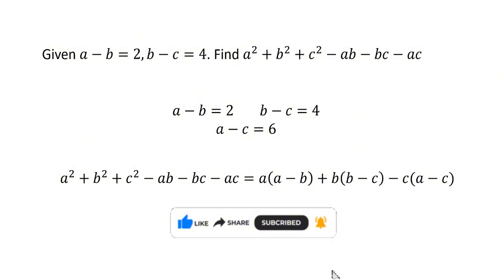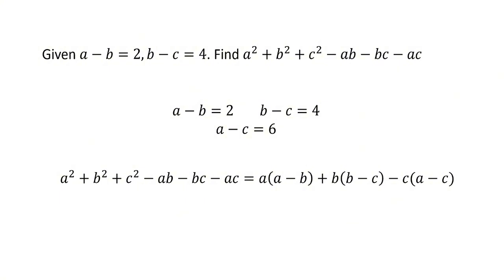Plus I take b from the b squared minus bc, so we can write plus b into b minus c. Also, I can write c squared minus ac. So I arrange like this: minus c into a minus c.